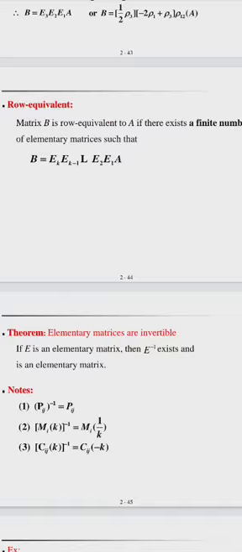Note: Pij the whole inverse equal to Pij. Mi of k the whole inverse equal to Mi of 1 by k. Cij of k the whole inverse, the answer is Cij of minus k.